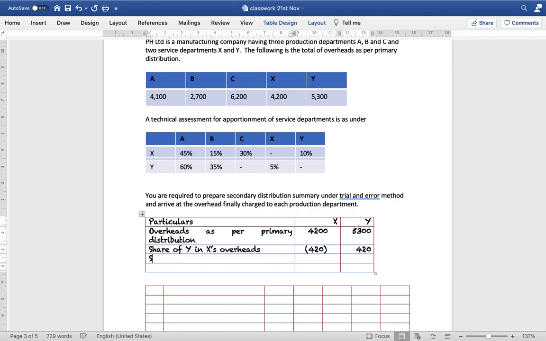Next, share of X in Y's overhead. It is 5%.